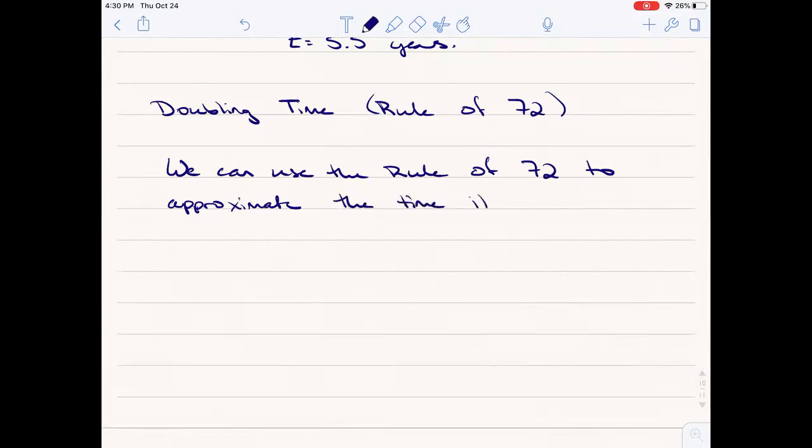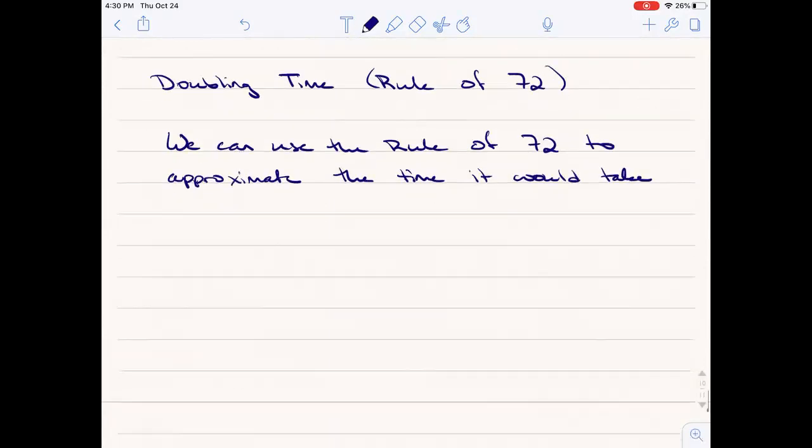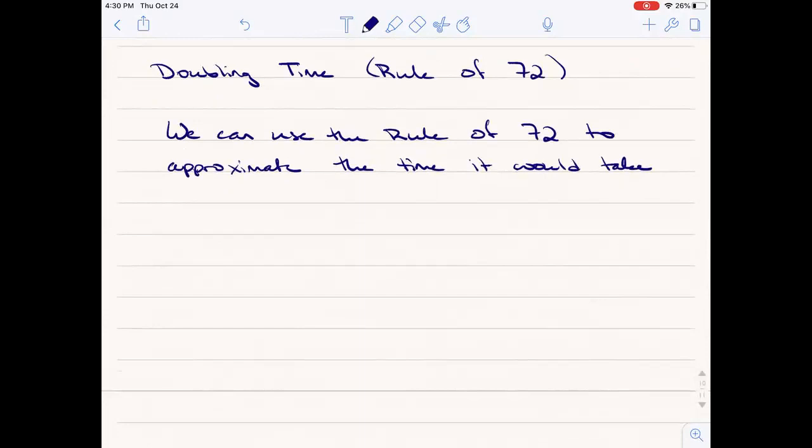So we can use the rule of 72 to approximate the time it would take money to double at a nominal rate R%.